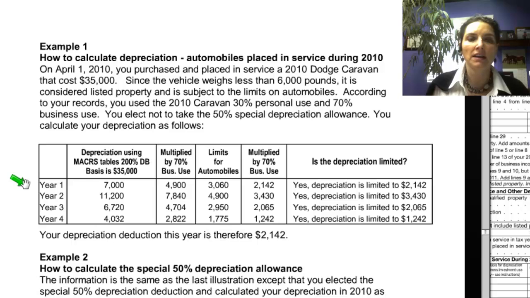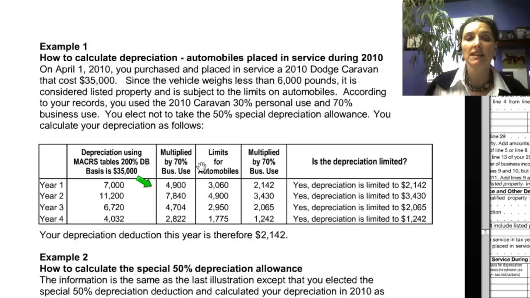So for year one, if you take that purchase price of the car, which is $35,000, and multiply that by 20% under 200% declining balance MACRS tables, you get a deduction of $7,000. Well, you're going to have to multiply that $7,000 by 70% business use, and that gives you $4,900. But wait, you're not allowed a $4,900 deduction because of the limits on automobiles.